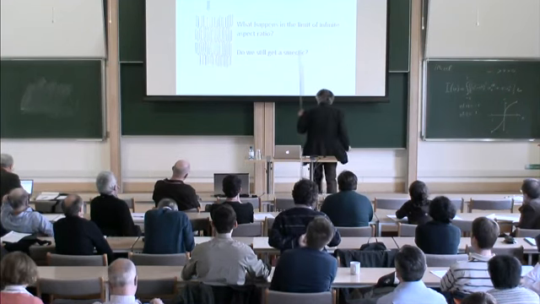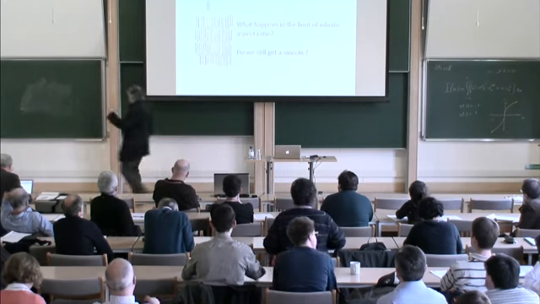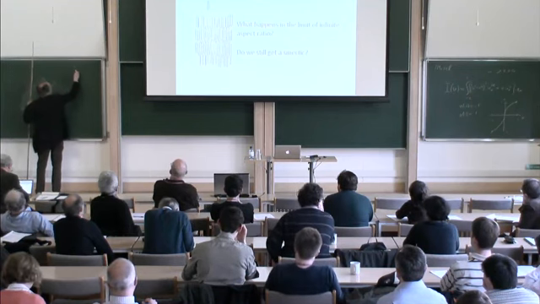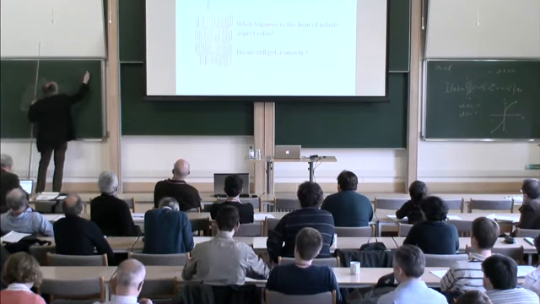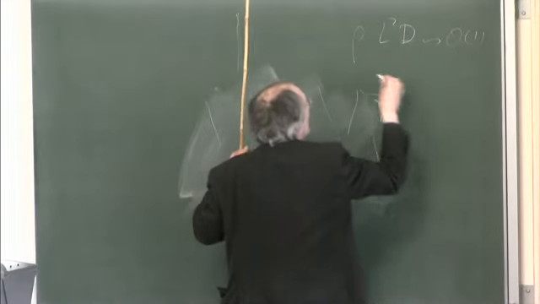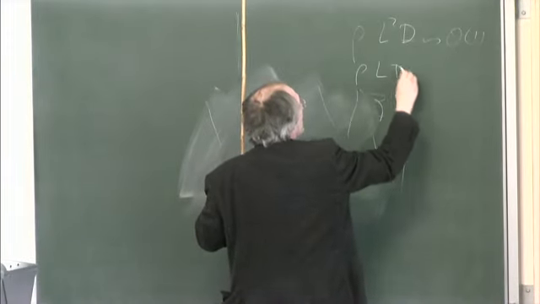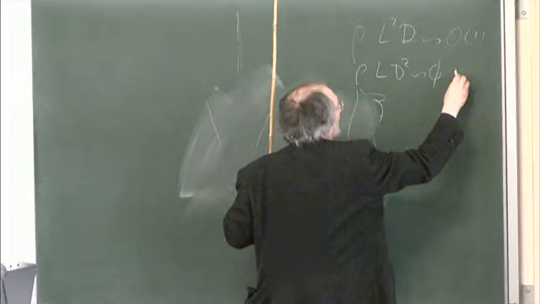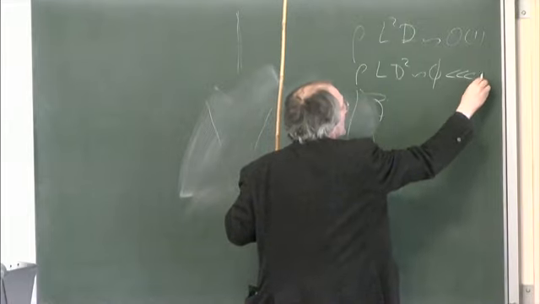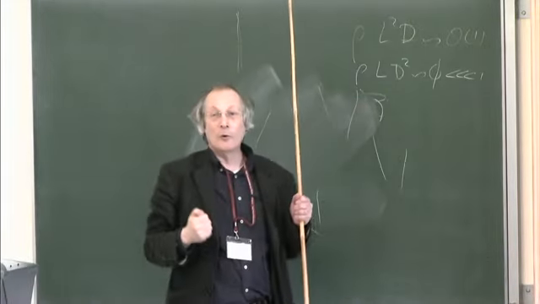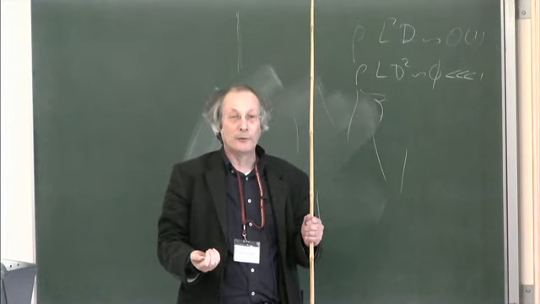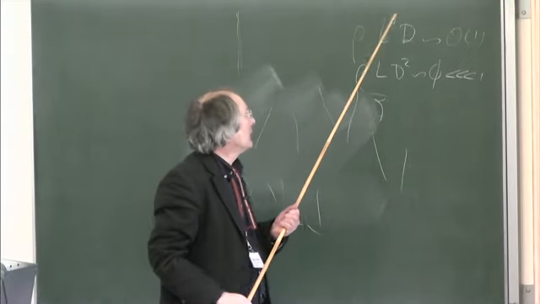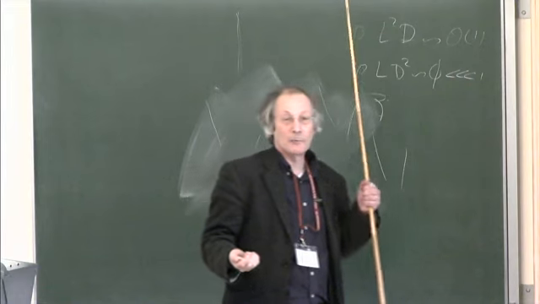That basically means that the number density, rho times L squared d, is of order 1, but rho times L d squared, which is something like the volume fraction, is much less than 1, and eventually goes to 0. So you occupy a negligible fraction of the volume, and at the same time you have strong interactions between the particles because the excluded volume interactions are important.